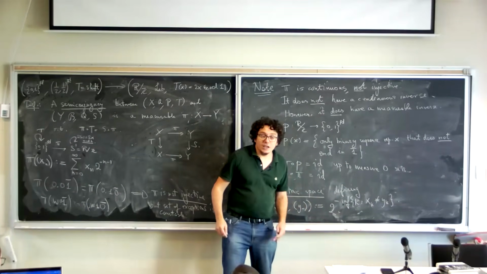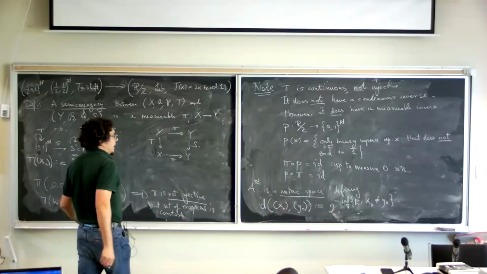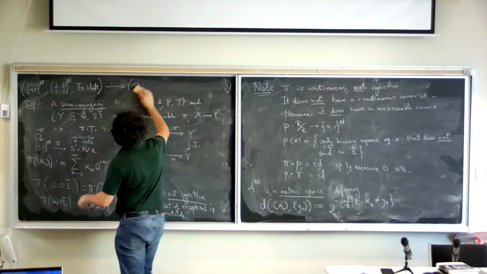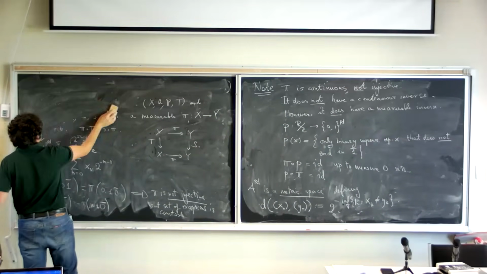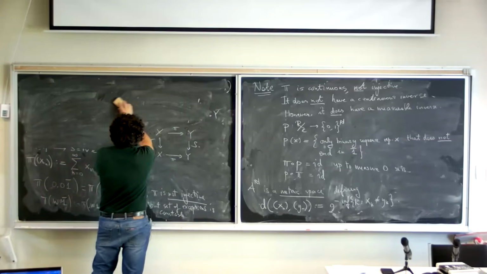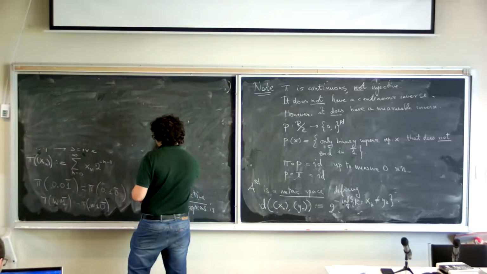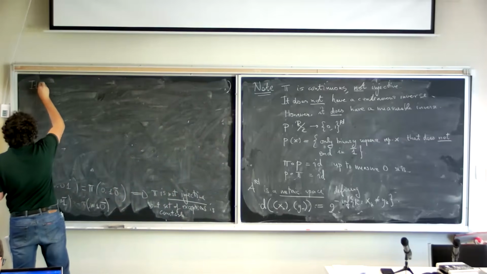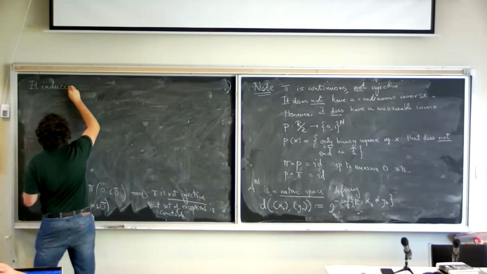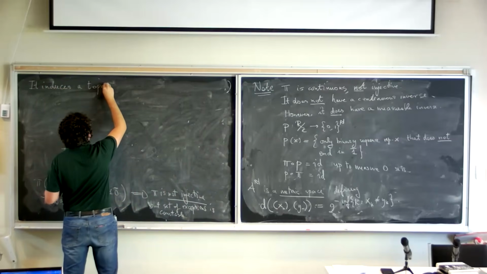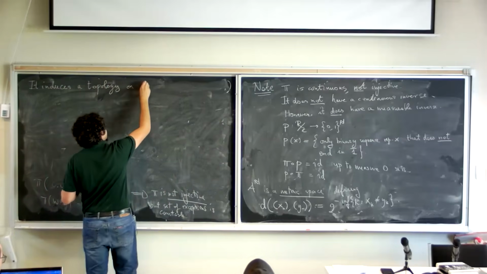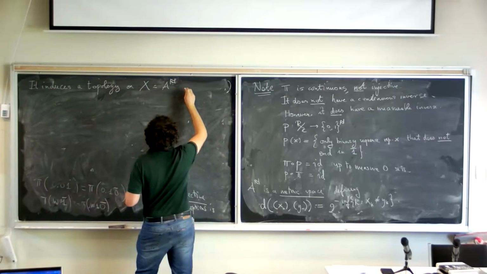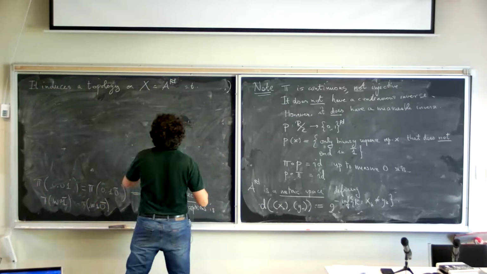So this is a metric, and it induces that topology, which is just a Cantor set topology. It induces the topology where cylinder sets are clopen sets indeed, on this shift space X equals A^N.